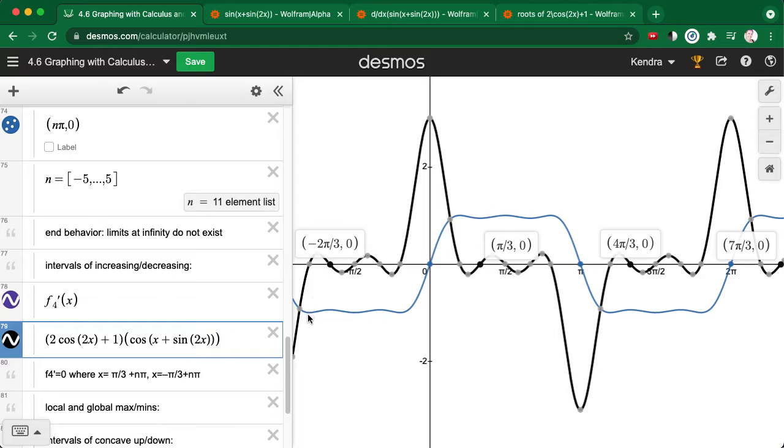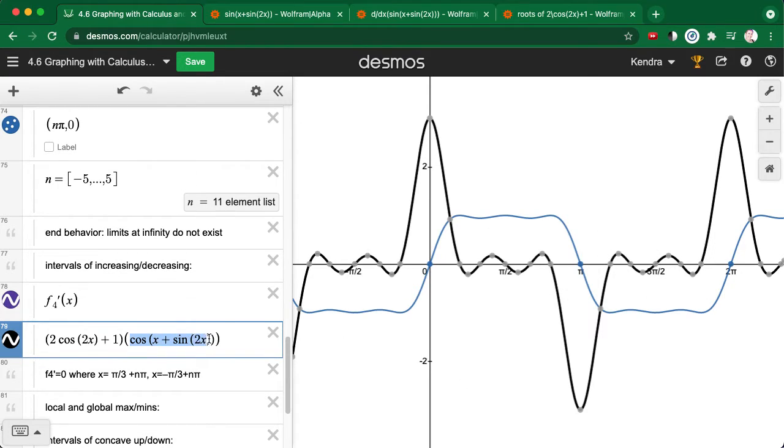Subtracting 1 pi. And then there's also negative pi over 3 plus multiples of pi. So negative pi over 3, negative pi over 3 plus pi is 2 pi over 3, and then another one is 5 pi over 3. So there's several examples.